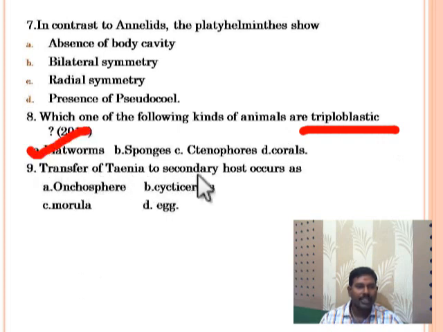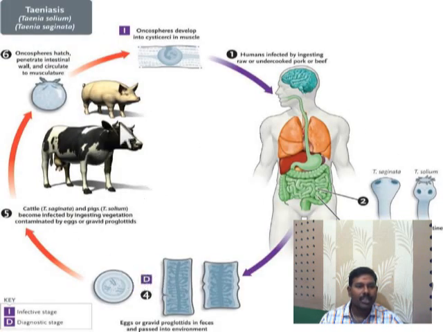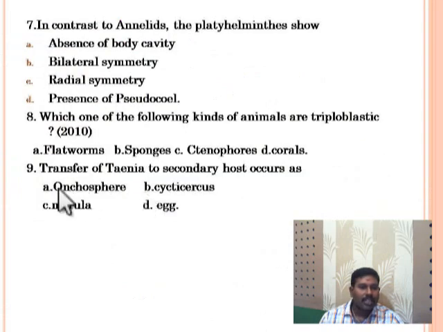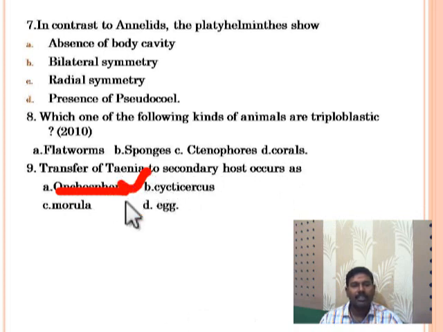Transfer of Taenia into the secondary host occurs as, in which form will Taenia transfer into the secondary host? That can be asked. I already told. It happens as the oncosphere. Through oncosphere, the Taenia will transfer towards the secondary host.